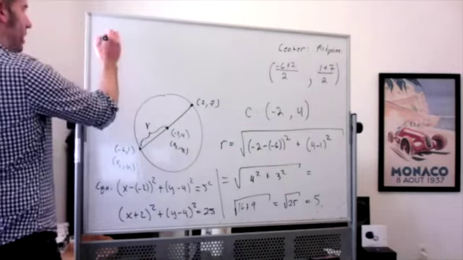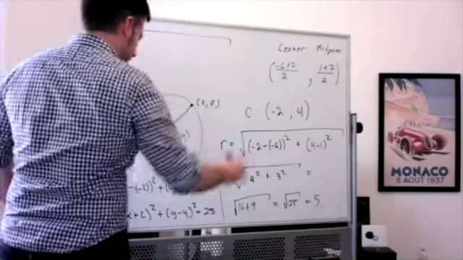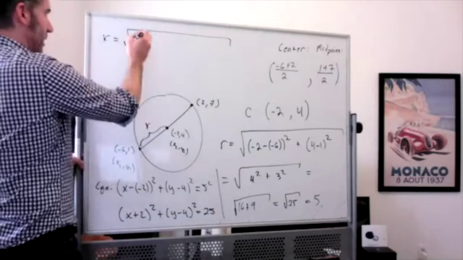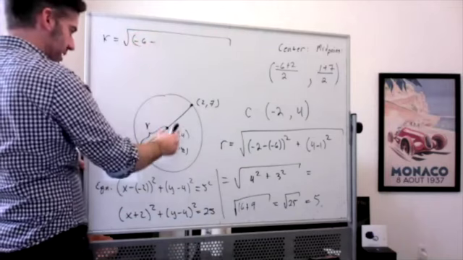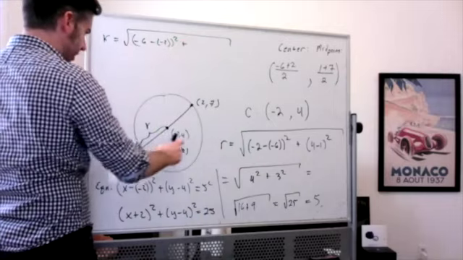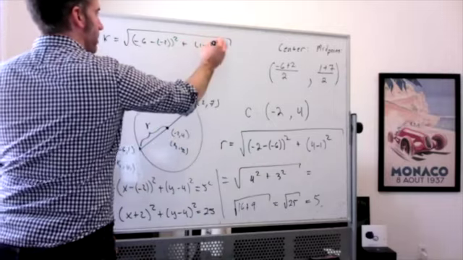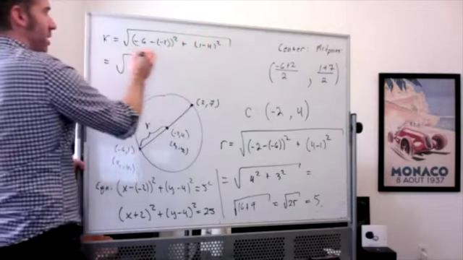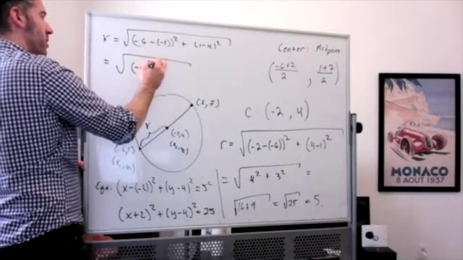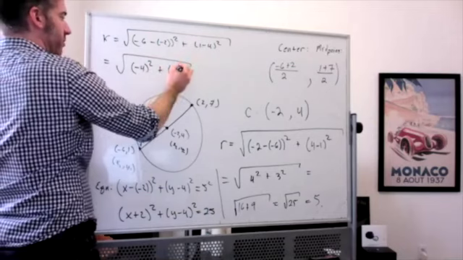So if I do the radius as the square root of this one minus that one, so -6 minus -2 squared plus 1 minus 4 squared, look what happens. I get the square root of -6 plus 2 is -4, and 1 minus 4 is -3.